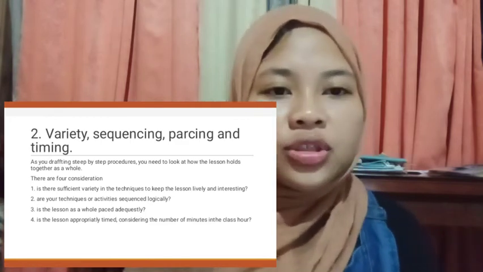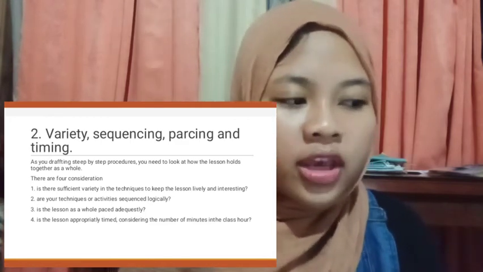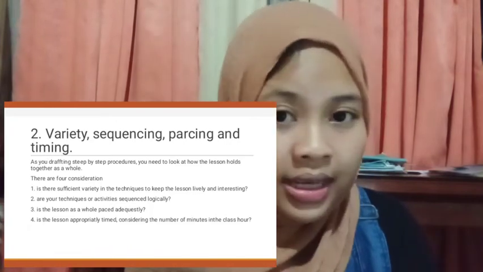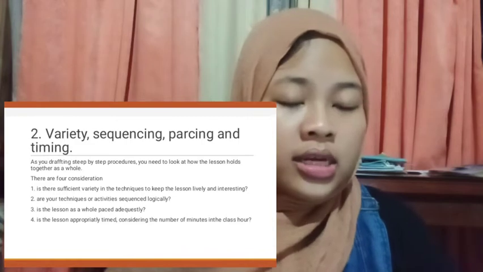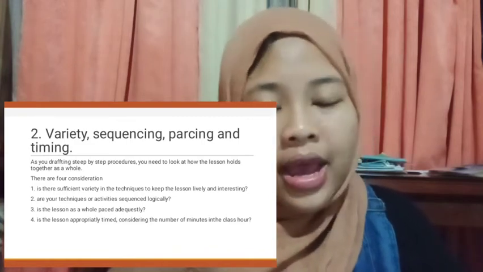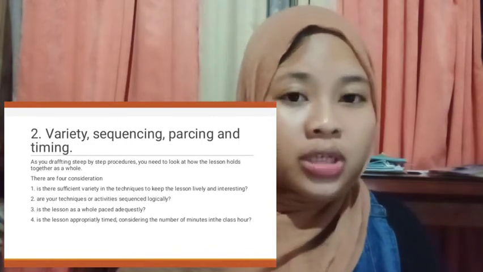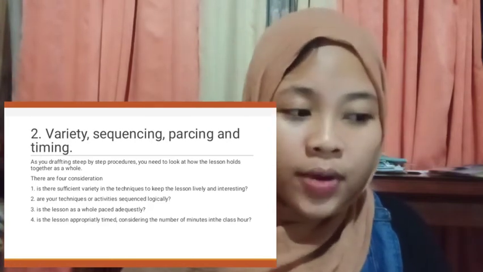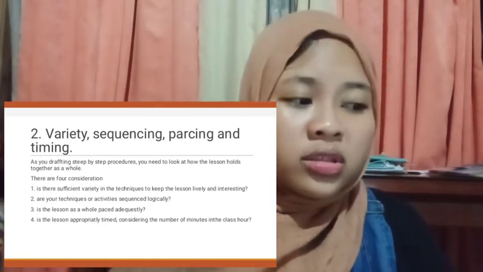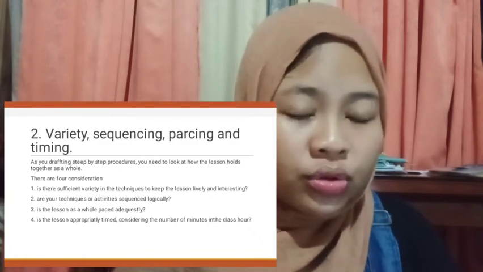Is there sufficient variety in the technique to keep the lesson lively and interesting? 2. Are your techniques or activities sequenced logically? 3. Is the lesson a whole adequately? 4. Is the lesson appropriately timed, considering the number of minutes in the class hour?